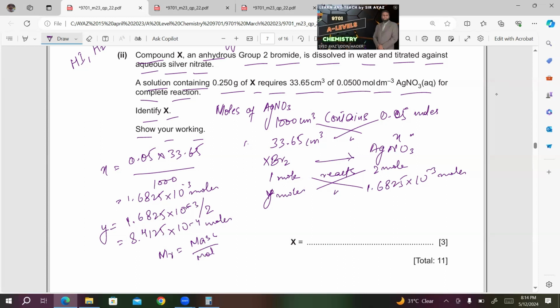So we have the mass, we have the moles. So what you will do? We'll divide the mass, that is 0.25, by the moles, which is 8.4125 × 10^-4.